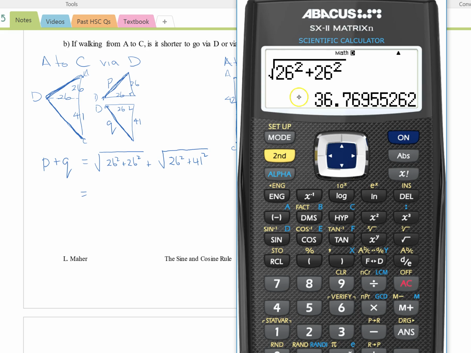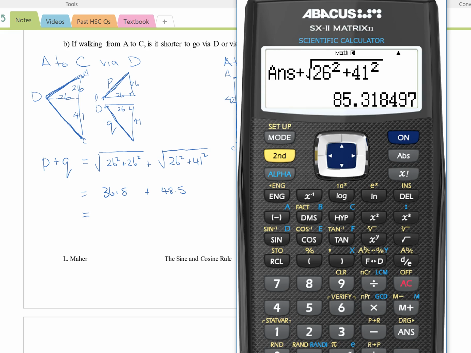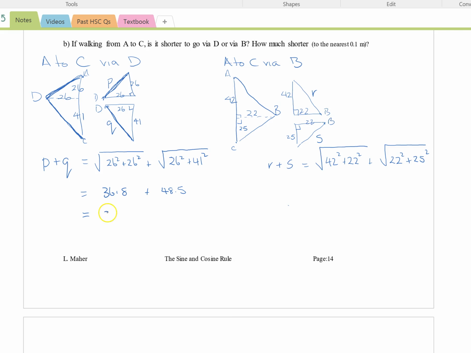I've done the first bit, the square root of 26 squared plus 26 squared, which is about 36.8. Having done that calculation, the total distance via D, with P and Q, ends up being 85.3.